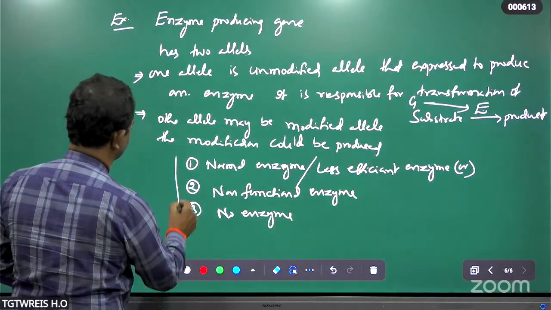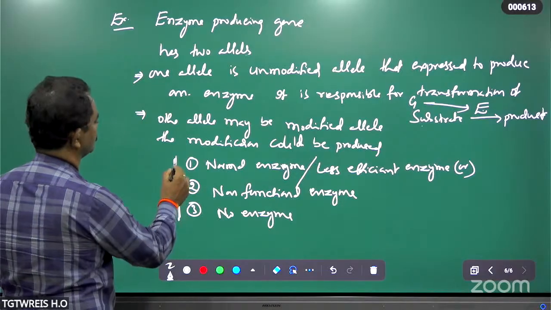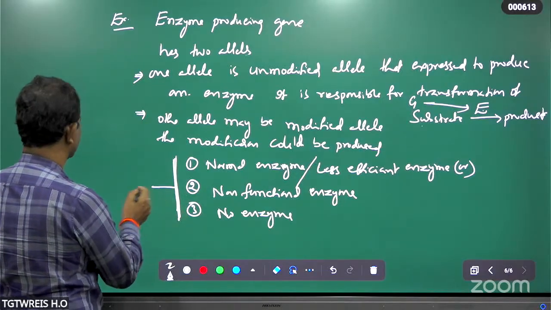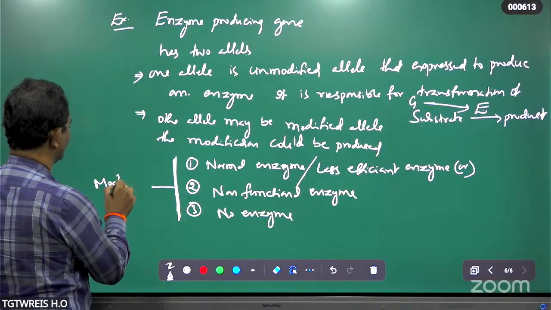So these are the three forms produced by modified allele.